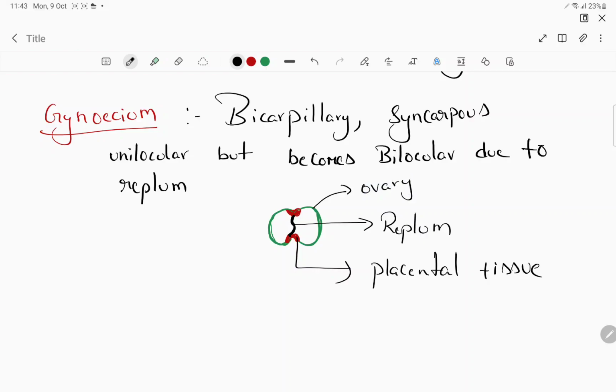So actually it is unilocular but became bilocular due to this replum.